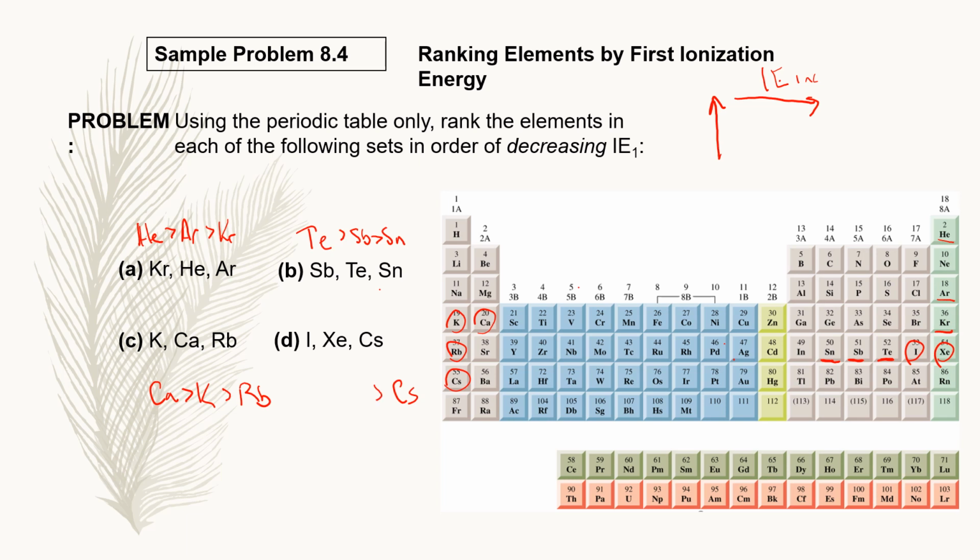And then between iodine and xenon, the iodine would have a lower ionization energy than xenon because, again, Z effective is smaller, so it would have a smaller force of attraction. So xenon would require the most amount of energy to remove that first electron.